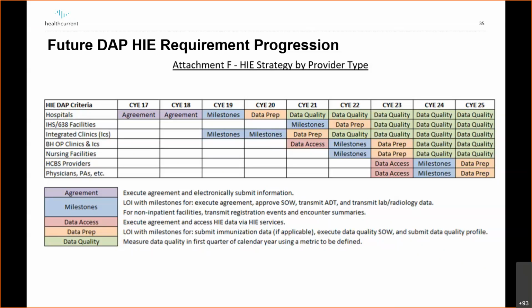So you can see, as we're looking at CYE 2022, data quality previously only applied to hospitals, but in CYE 2022, it starts to apply to clinics and integrated clinics, and actually we're really just doing data prep this year for integrated clinics, and then going forward it's going to apply to more entities like the behavioral health outpatient and the nursing facilities. So if we can go to the next slide.